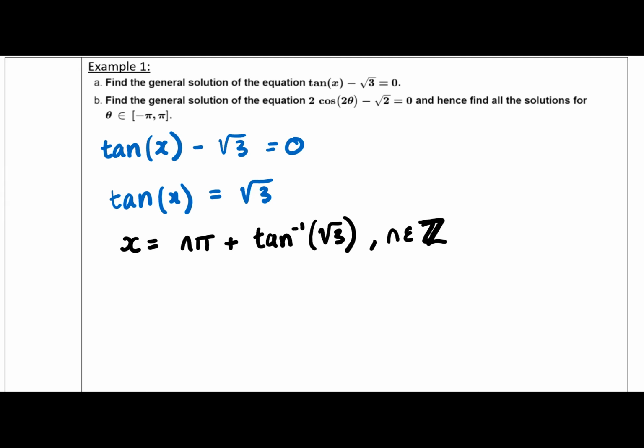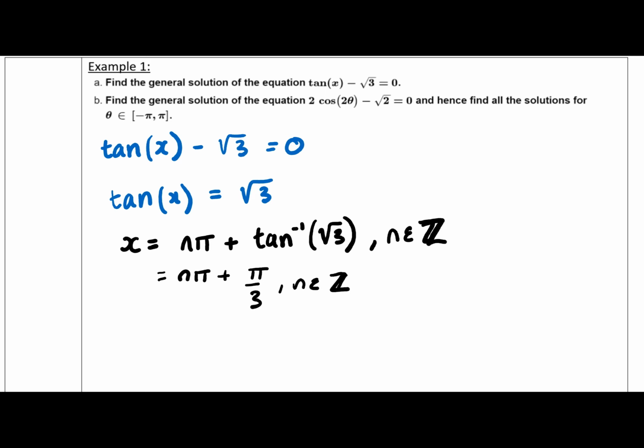Using my table of exact values, I can see that the arctan of √3 is going to be equal to pi on 3. So this is equal to n pi plus pi on 3. Now, as long as I write n is an element of Z, this is actually a correct answer.